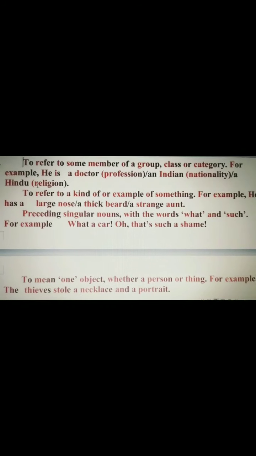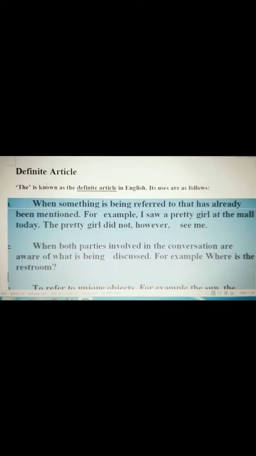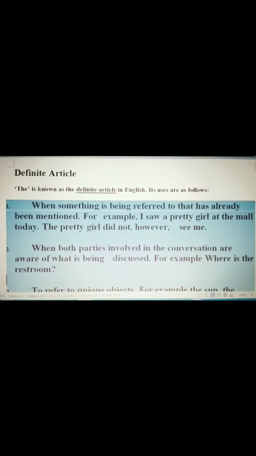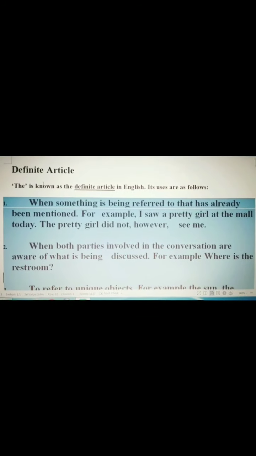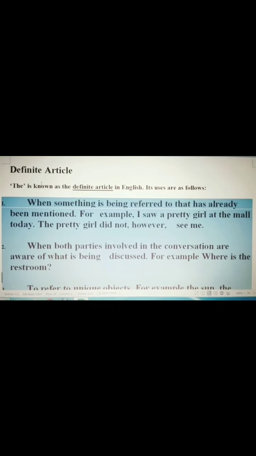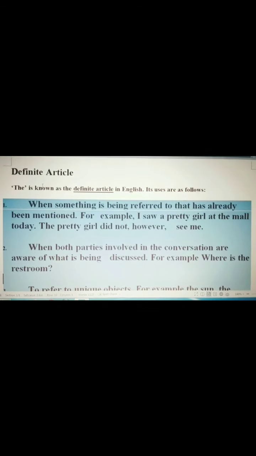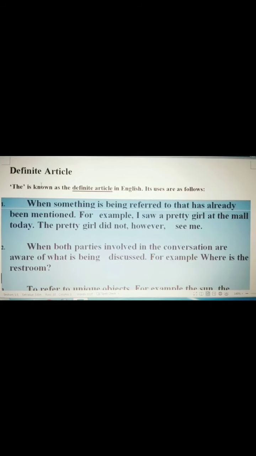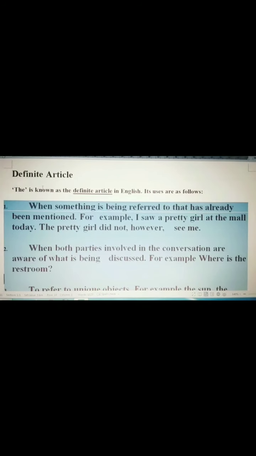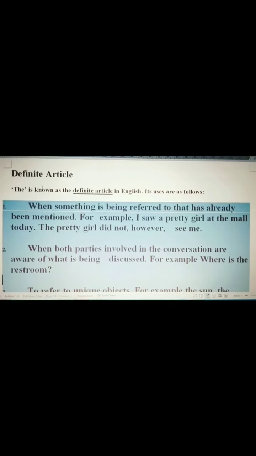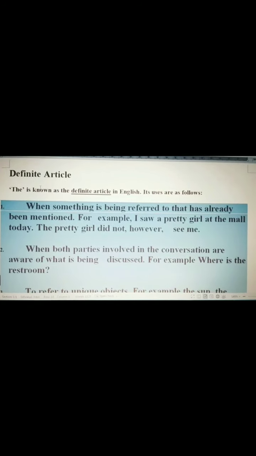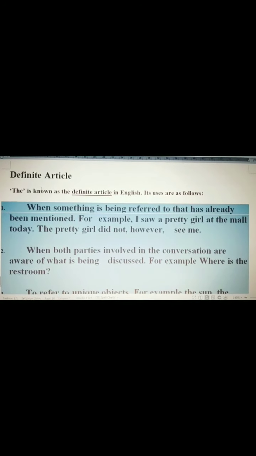Now I am moving to the definite one. Definite article, if we talk about, it means when we are talking about a particular thing. So the is known as the definite article in English. Now we'll go through the different uses of that. So just pay attention here. First one, when something is being referred to that has already been mentioned.